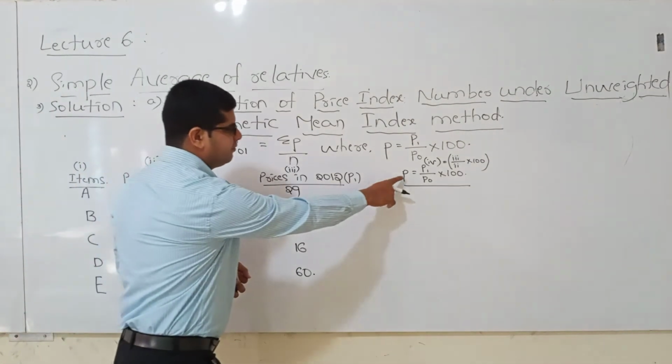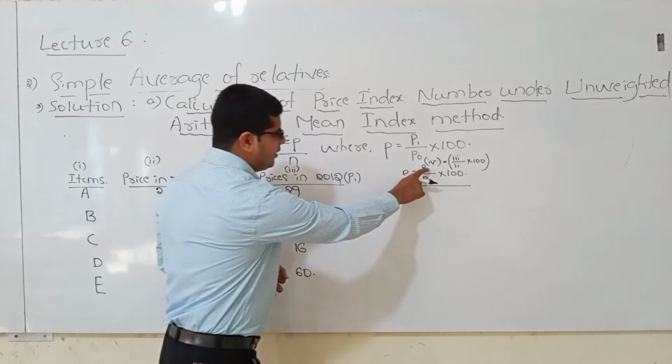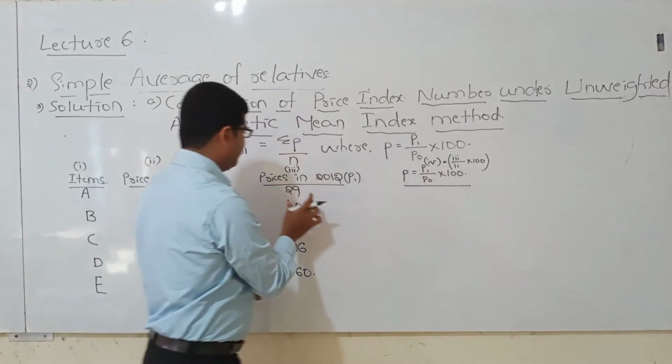So what we need? P, that is P1 divided by P0 into 100.